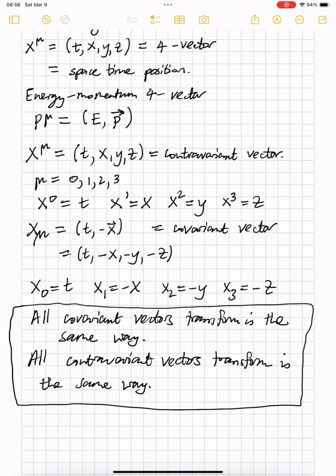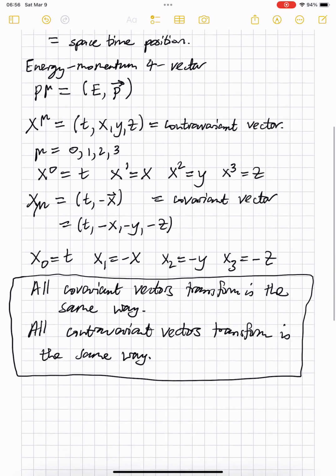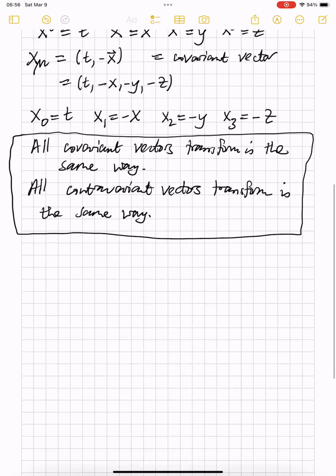Now, let me explain to you the correct way to write down our dot product. We kept saying before we had a bad notation. Now let's write down our Lorentz invariant in a good notation. So the good notation is we write down x mu. You can call that mu a superscript, or you can say we've written down the contravariant vector. Either of those is okay. And we multiply that with the covariant vector, or something with a subscript.